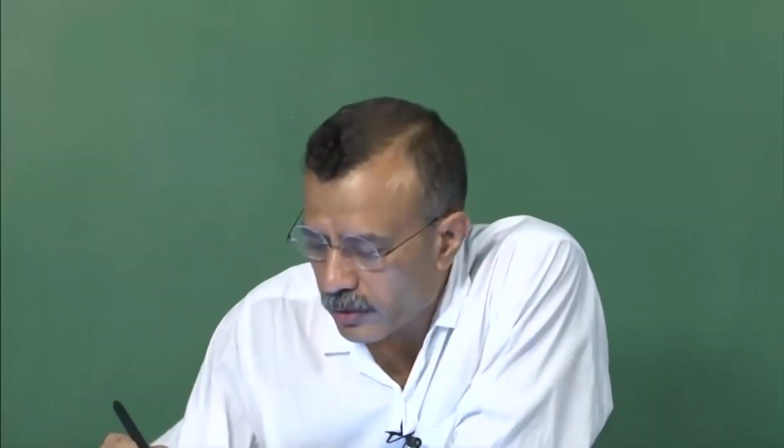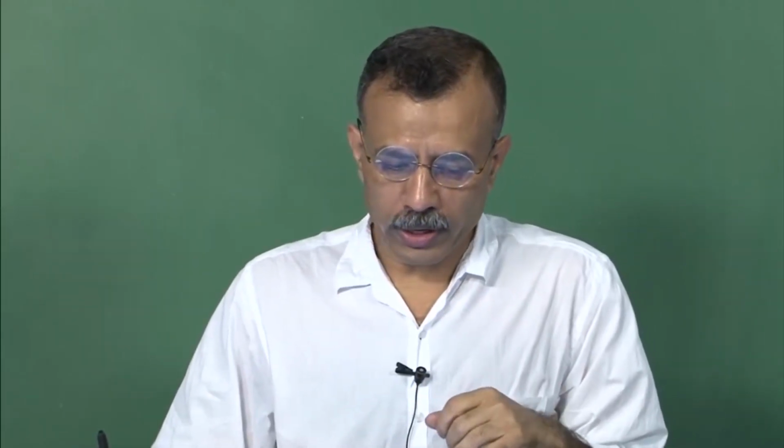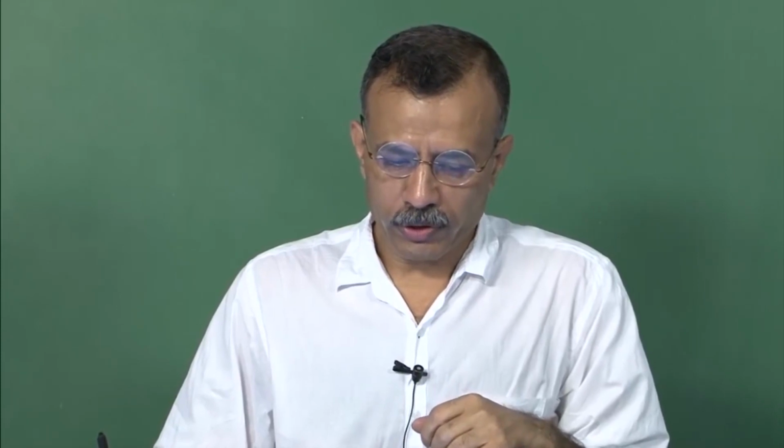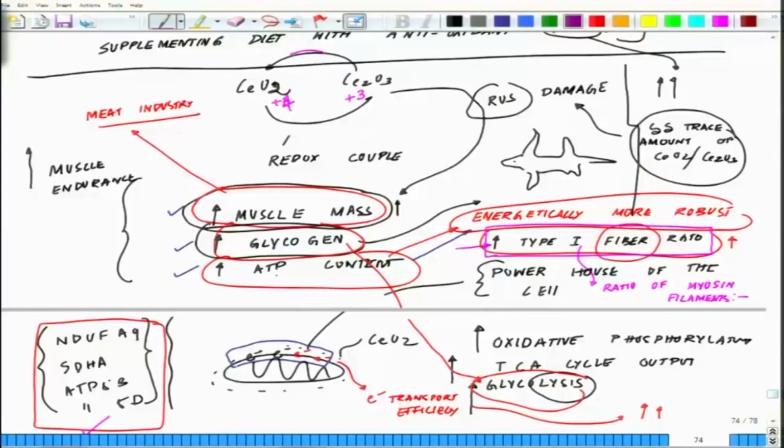Now, for this movement, which is technically called the power stroke, you need ATP. Does this strike a bell in your mind? Now let us correlate what is happening when you talk about the presence of ATP there, and we are talking about the ATP content here in the presence of the cerium oxide redox couple.